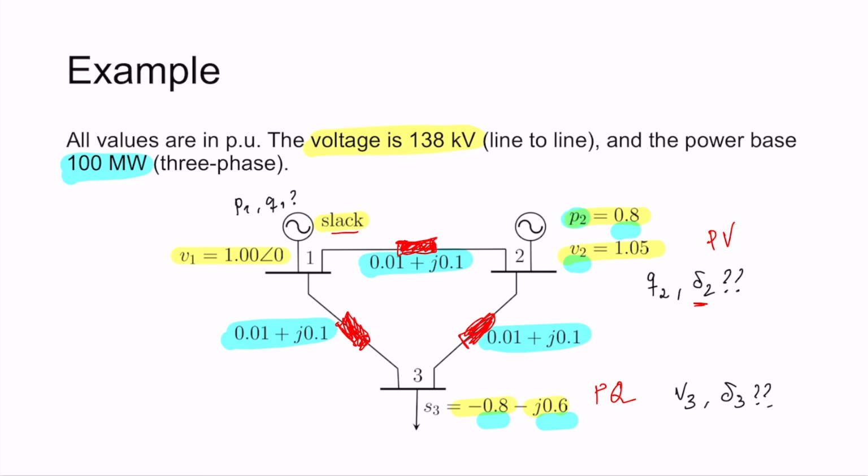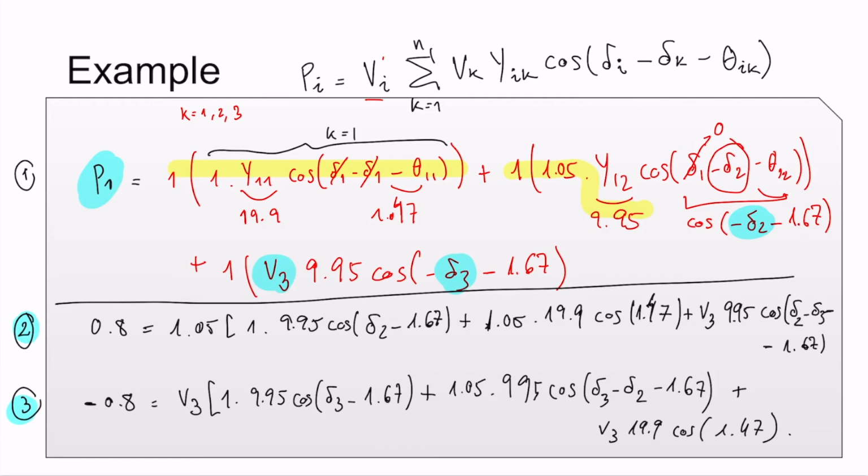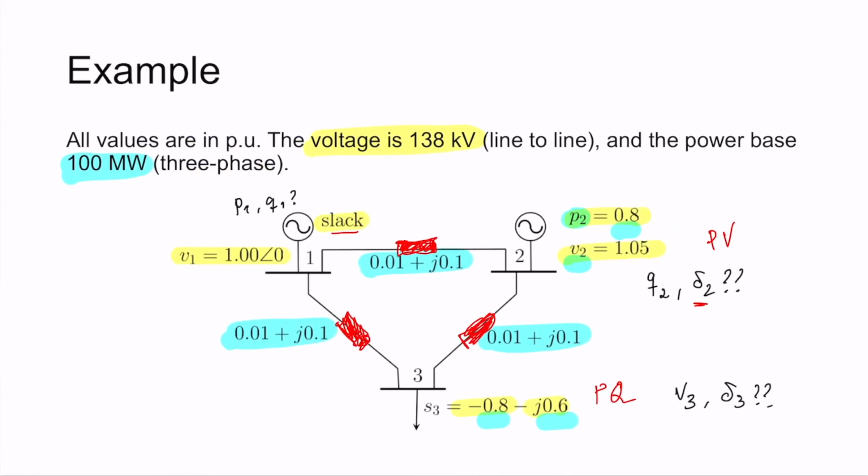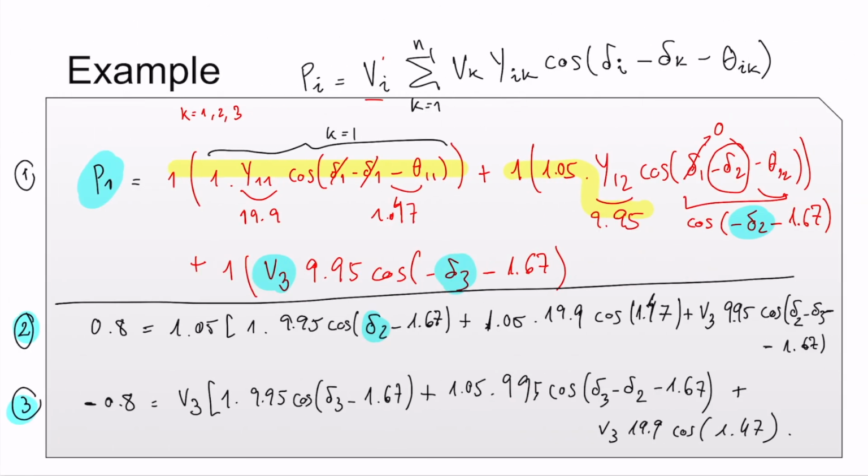Remember, we know all this active power injection, which is positive. Number 3 is negative. And you see, well, delta 2 again, V3, delta 2, delta 3, V3, delta 3, and delta 2, delta 3, and V3 is appearing as a decision variable.